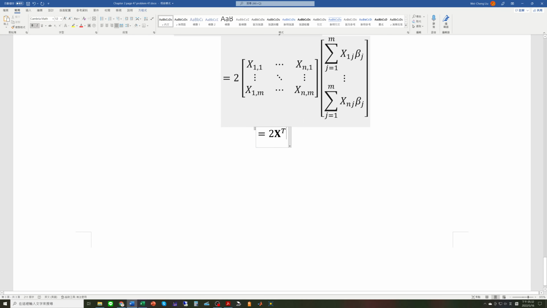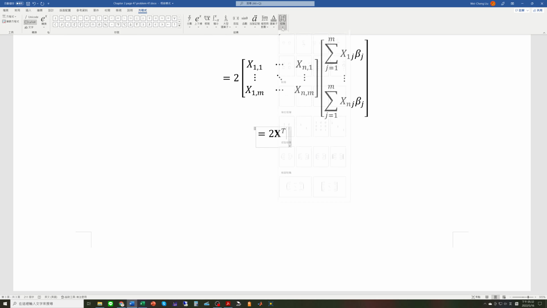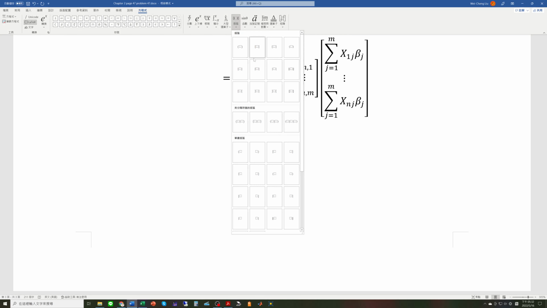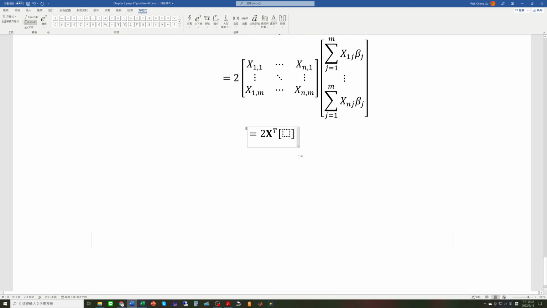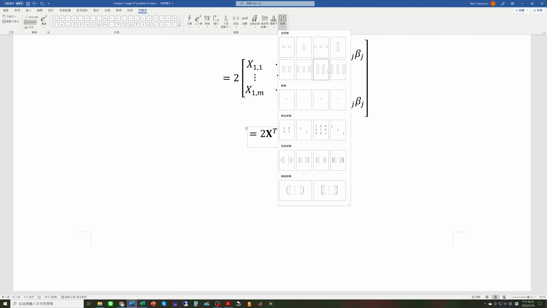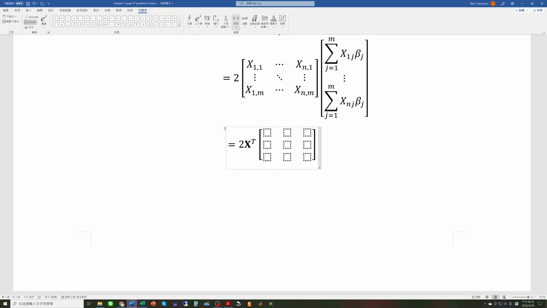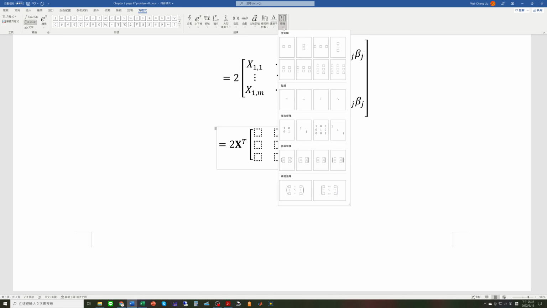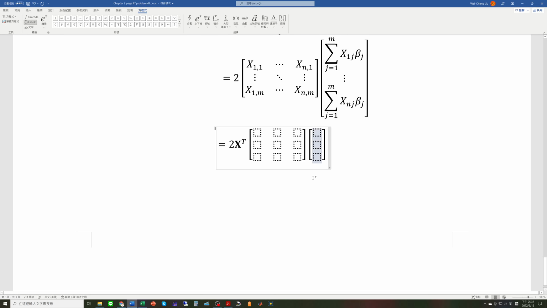Next let us split or decompose this vector into the product again of a matrix and a vector. So let us see. The first term is summation j is equal to 1 to m x_1j.